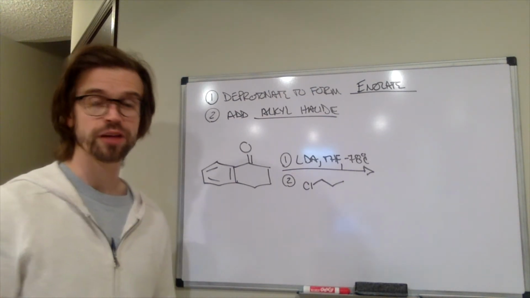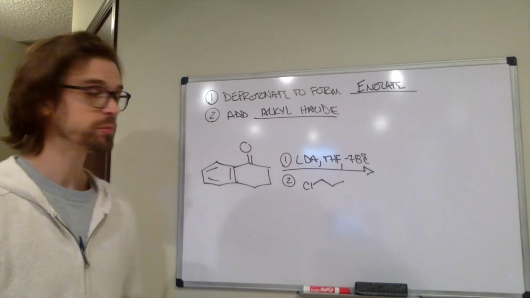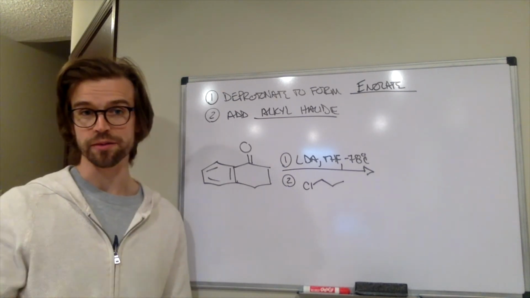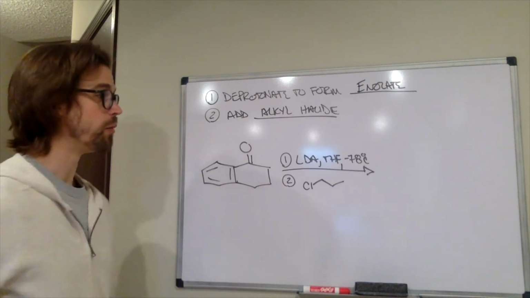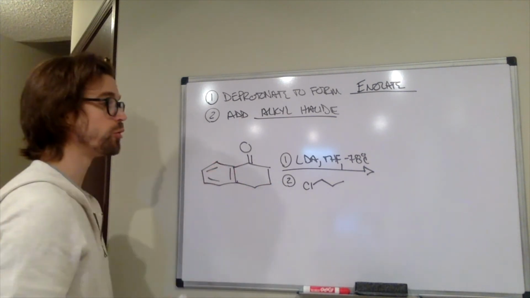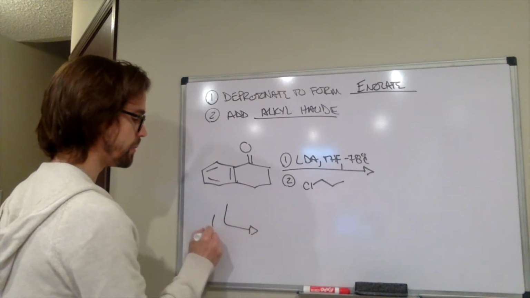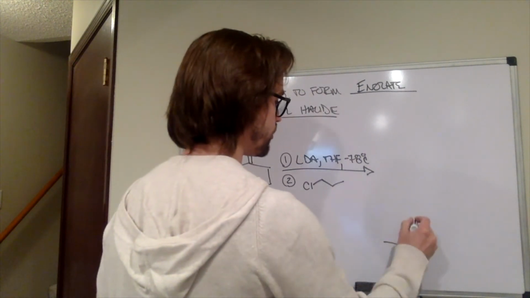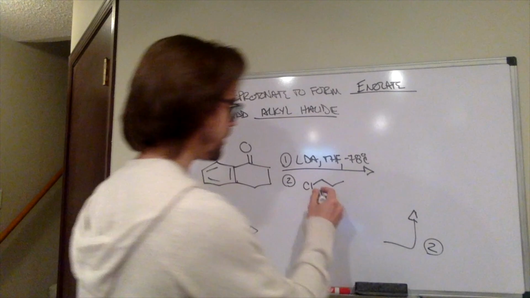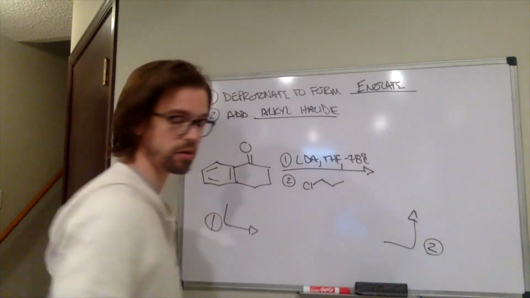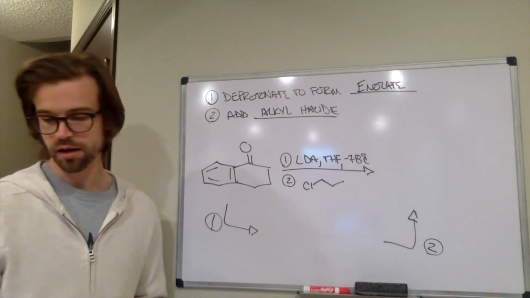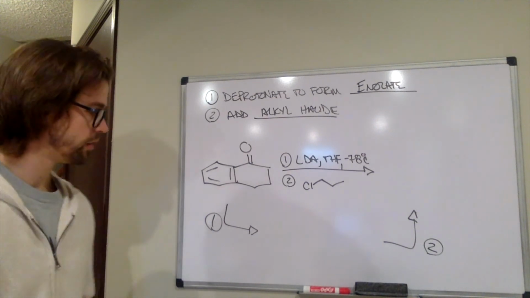Alkylate is a fancy way of saying adding some carbons to it, right? Specifically sp3 carbons. So what does that look like? Well, if we treated this molecule with LDA, what does that make? If we then treat what we had there with that molecule, what does that make? So go ahead and fill in the blanks here. Take a minute to do that. Pause the video, do that, then come back.